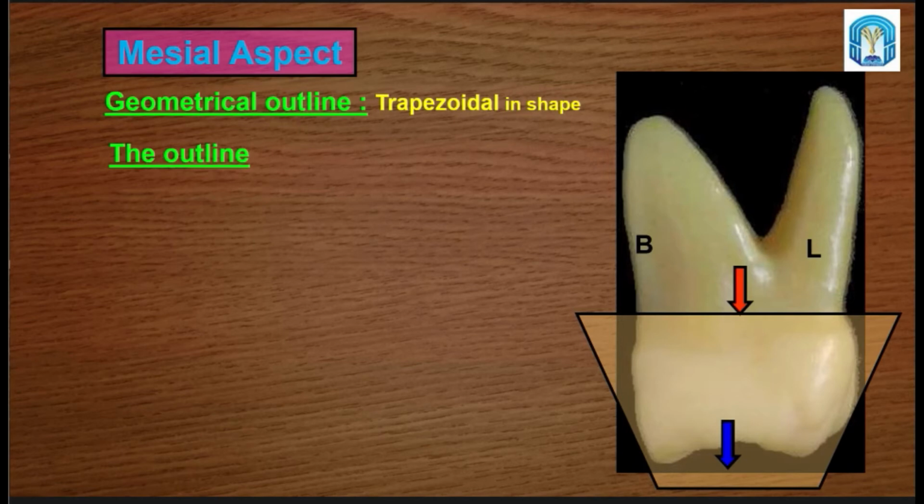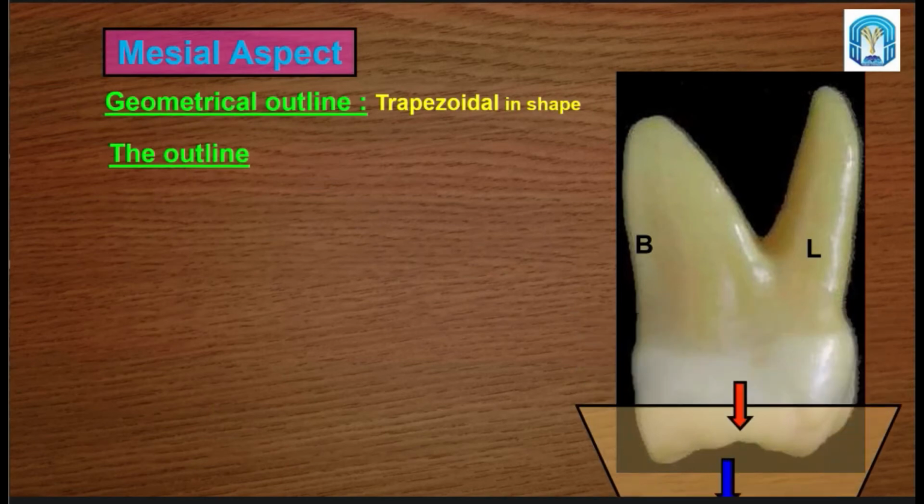Why is the table small? Because we need a big base and a small table so that during mastication, grinding the food, the tooth is stable. If the table is big and the base is small, it may break down or may not be able to take all the forces.